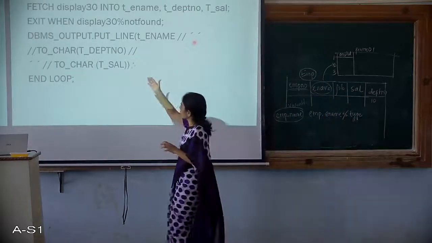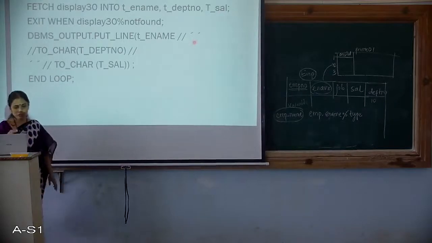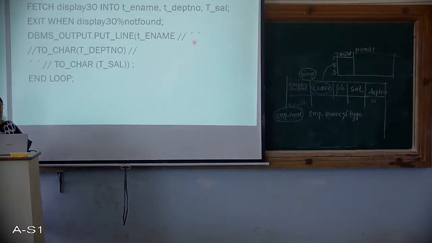If I want to display all these three, then it is the same way that I can do it. So this is the format. We will definitely be using this in our practical session also, wherein we will extract data and see whether the cursor is actually doing the task for us of extracting the data from the database.